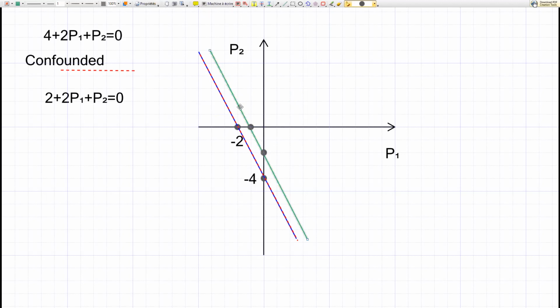So that one is parallel. Parallel and distinct.